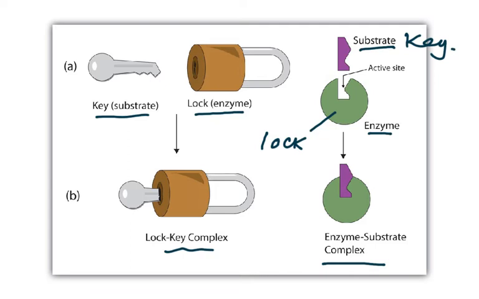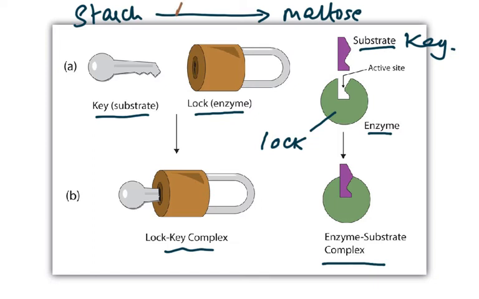In any experiment in which say starch, if I give you the famous one which we use a lot, starch is converted to maltose, and the enzyme is amylase. So amylase is the lock. And what is starch?